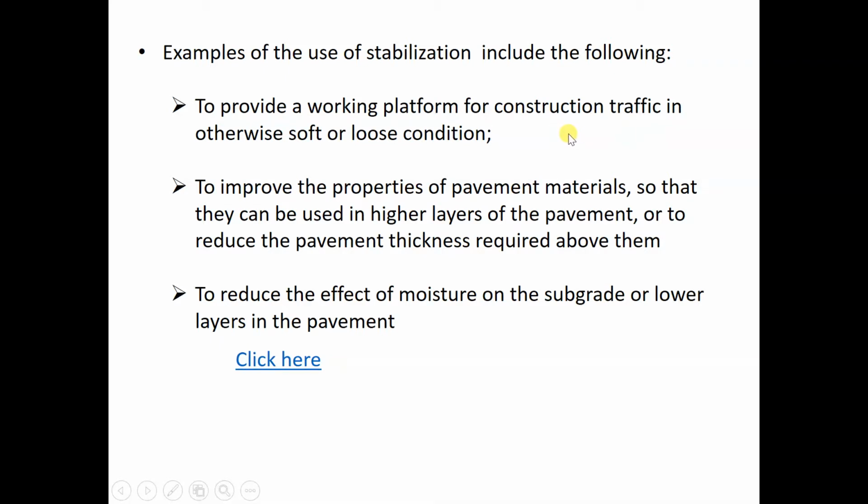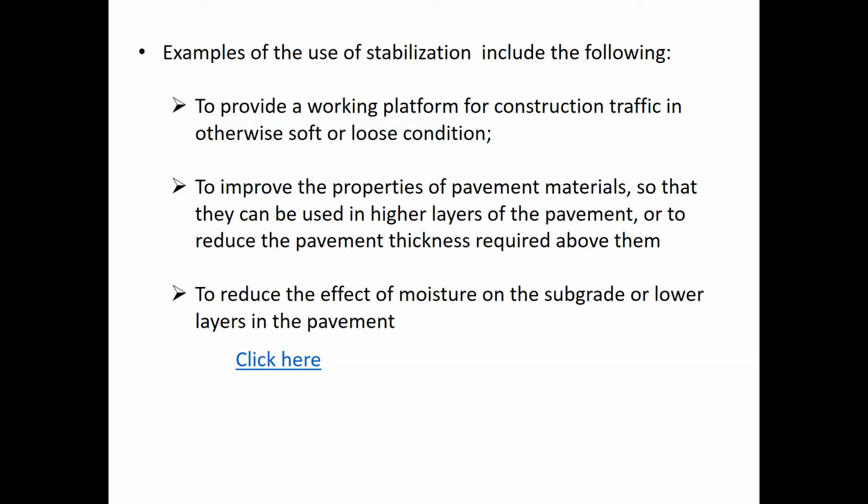So if you can stabilize it, either the subgrade or the sub-base, then it is possible for the construction people to deliver materials, for the construction traffic to use this, considered as a temporary road.